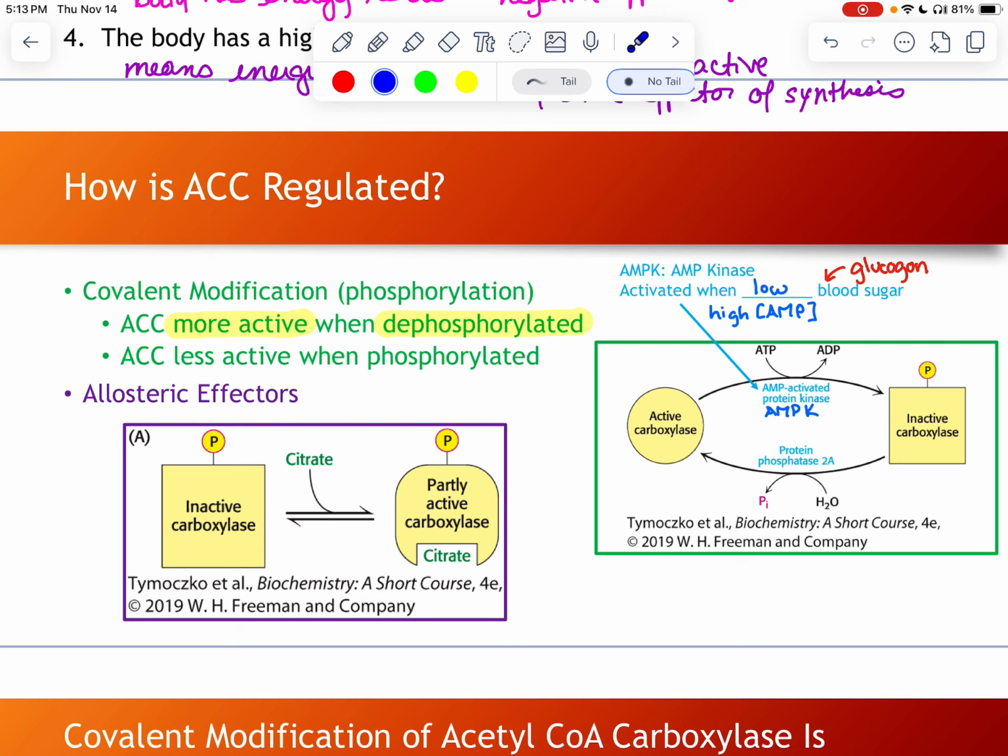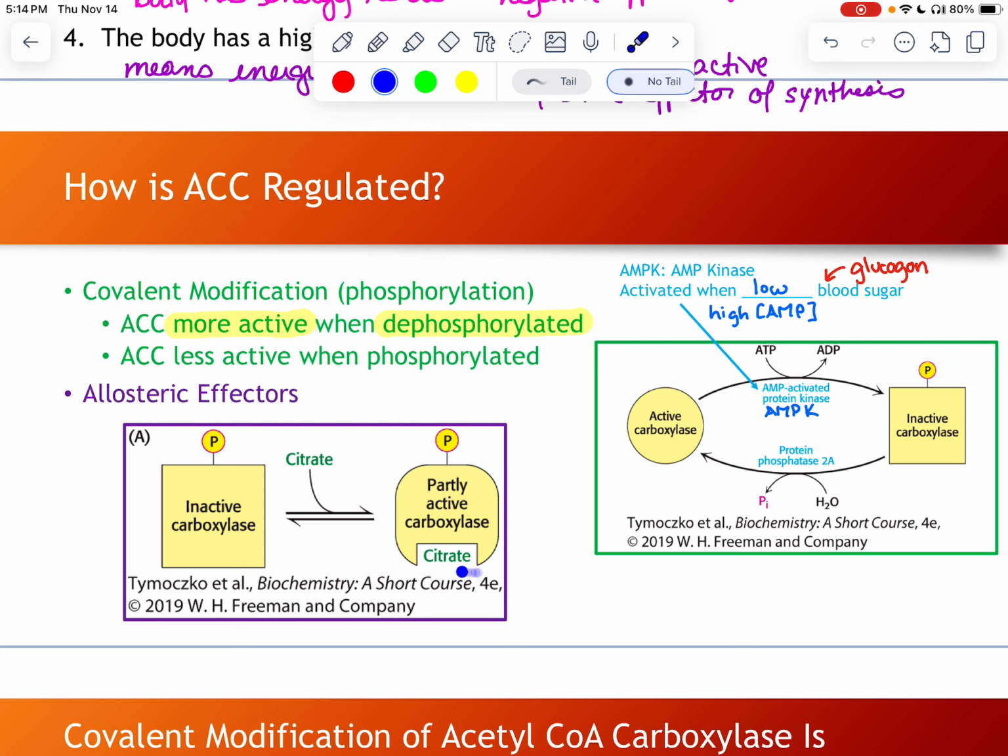We want to activate it. Now, citrate can't add or take away a phosphate, but it does allosterically bind to some site on the enzyme. So notice that I have in both cases here the phosphorylated version. Citrate can also bond to the dephosphorylated version, okay? But it's really important here because when it doesn't have citrate and it's phosphorylated, it is pretty much entirely inactive.